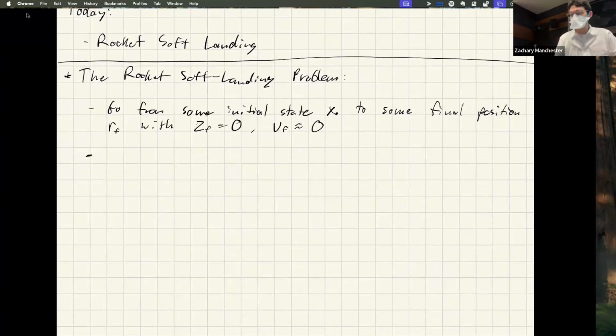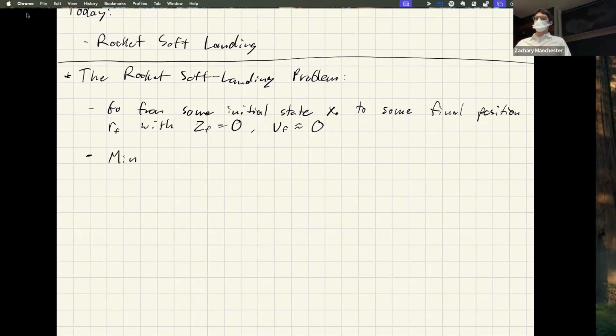So these are basically constraints. And then usually the cost function involved here is some combination of fuel. You want to minimize fuel consumption and/or landing position error, so you want to hit some desired target. There are different variations on the problem.